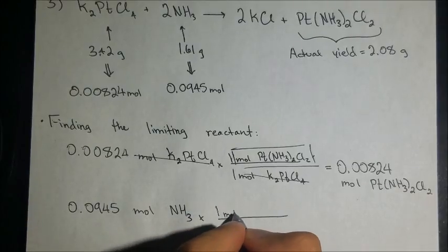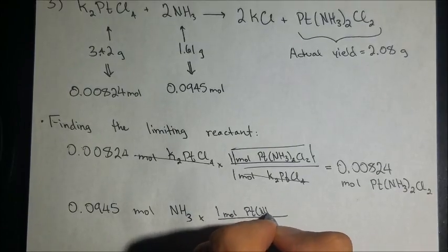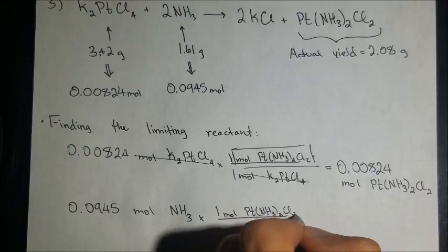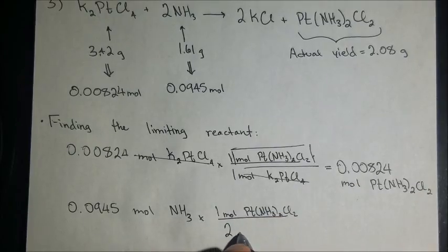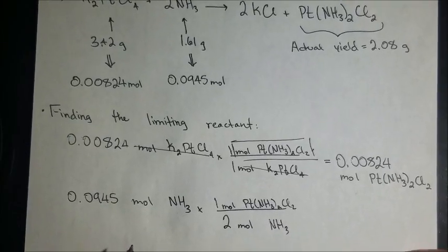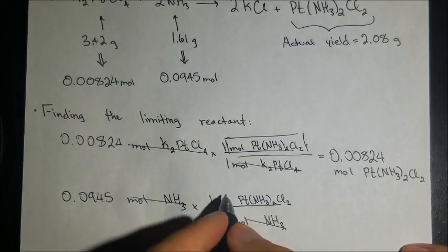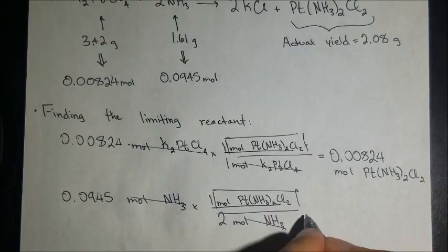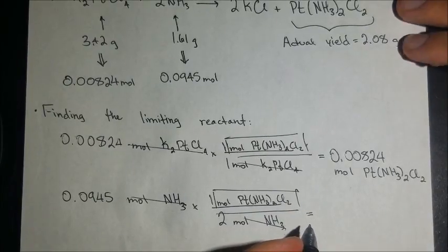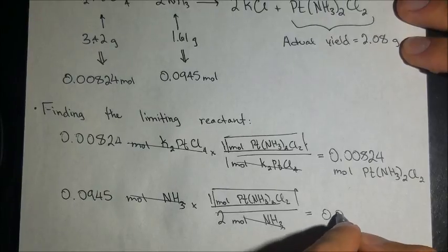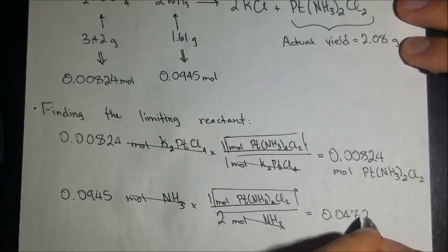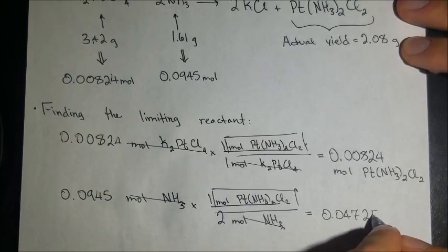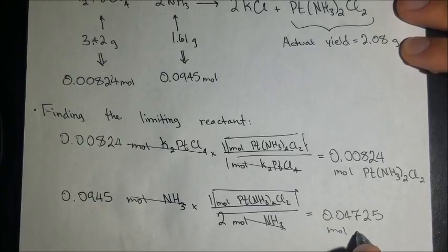So 1 mole of our product is made when 2 moles of ammonia are consumed. Okay, moles of ammonia cancel, and once again we are in moles of our product. And what this gives us is 0.04725 moles of our product.